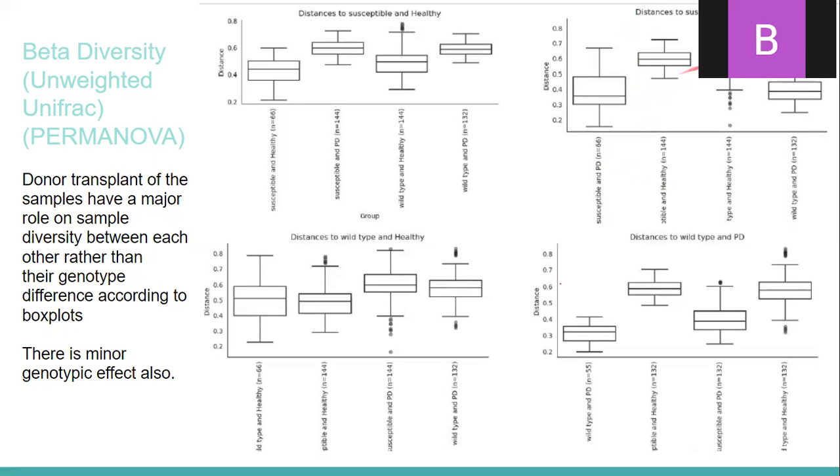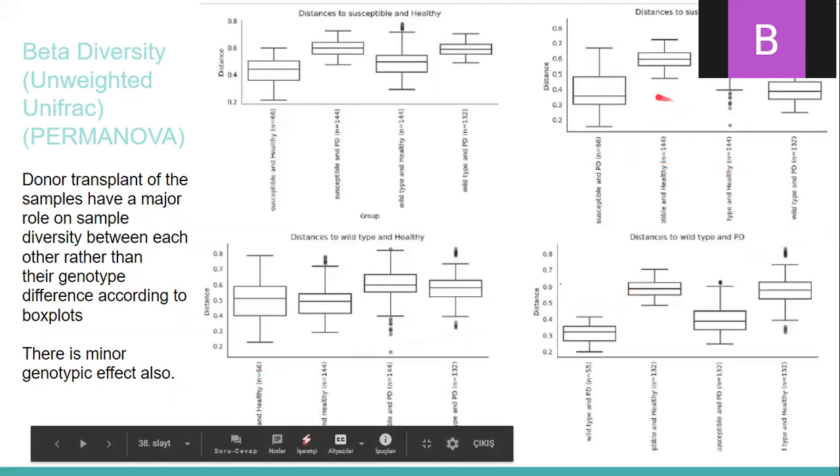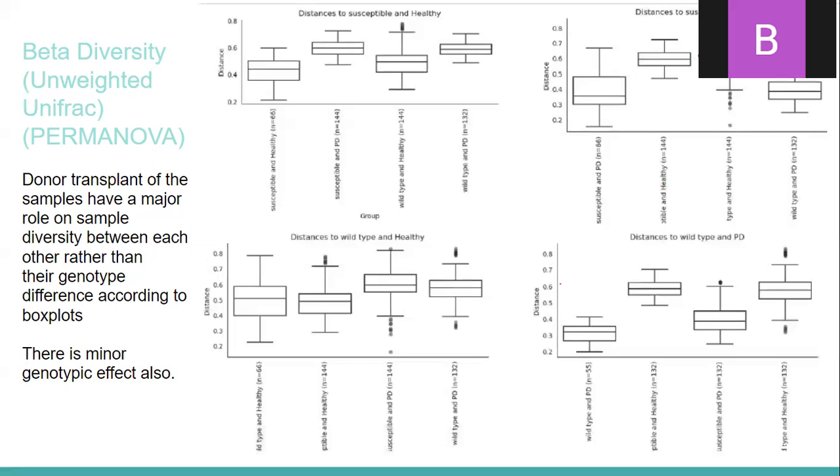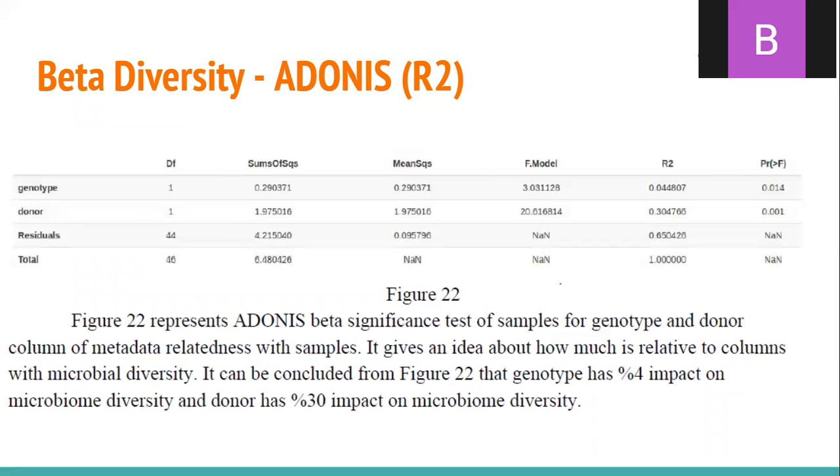However, we also have a minor genotypic effect between them. And for the effectiveness of genotype and donor type on the sample diversity, how much they have been effective on diversities, two tests have been done with Qiime-2.